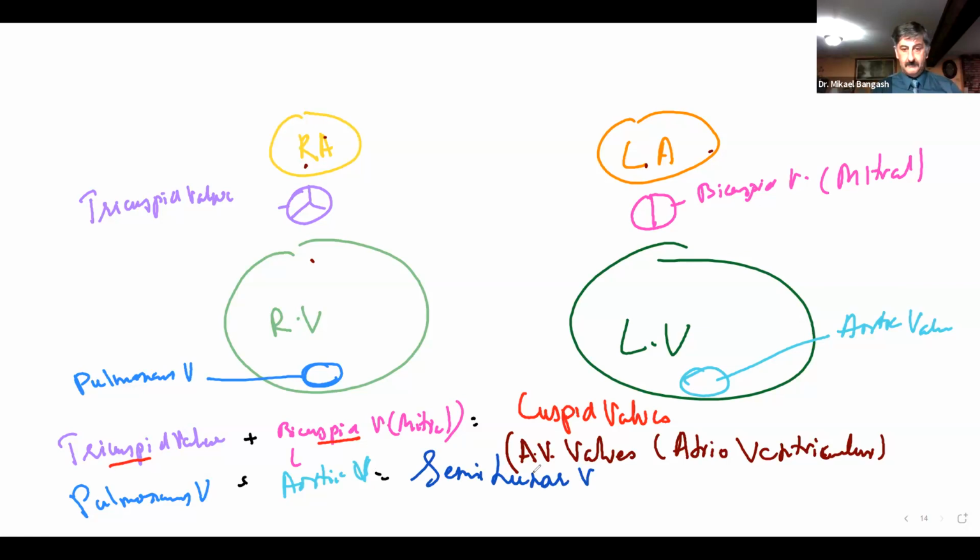And valves is valves. So your right semi-lunar valve is going to be the pulmonary valve, and the left semi-lunar valve is going to be the aortic valve. Is that clear?